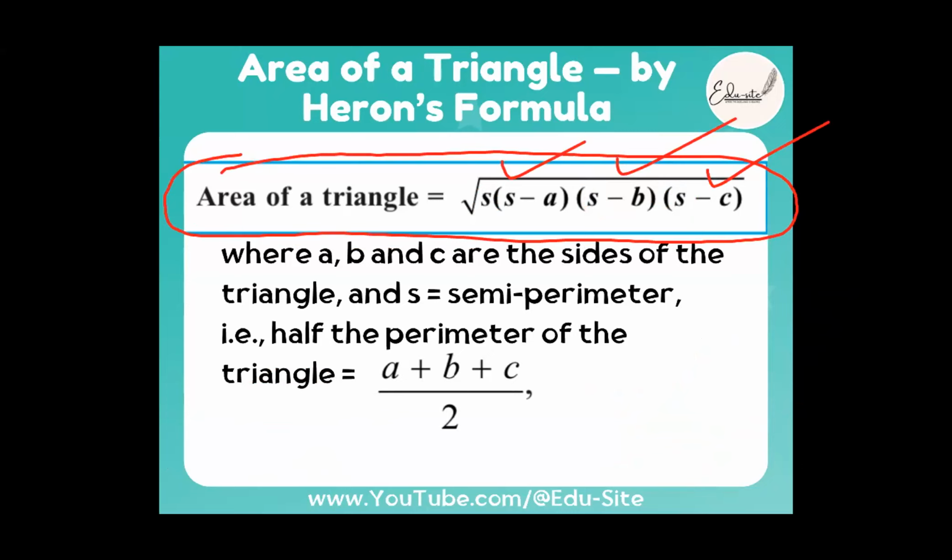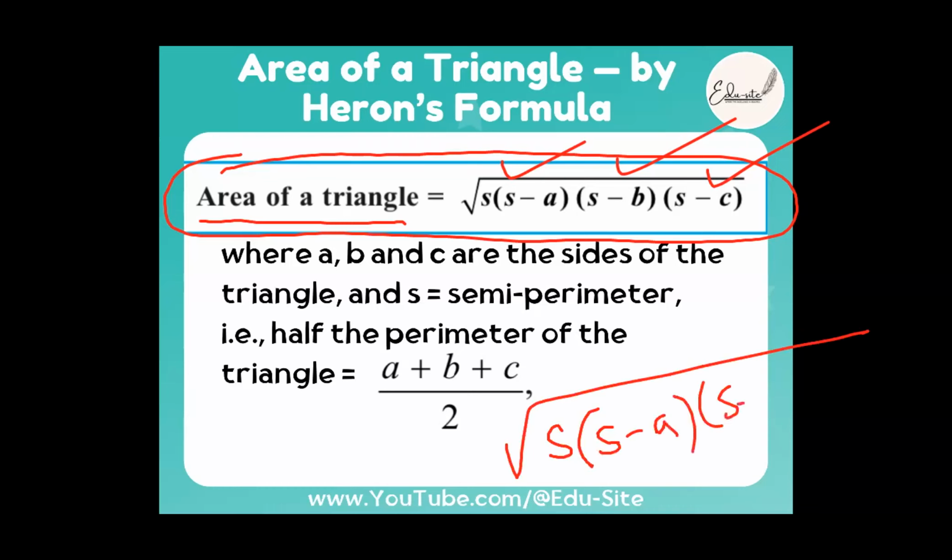So what is Heron's formula? What is the formula put forth by Heron to calculate the area of the triangle? It is nothing but the whole root of s, the semi-perimeter, multiplied by s minus a, multiplied by s minus b, multiplied by s minus c.